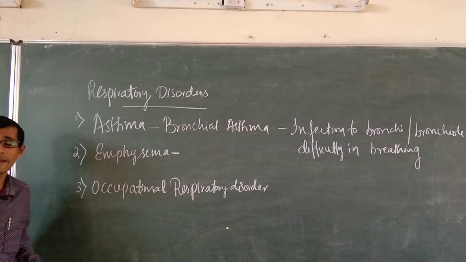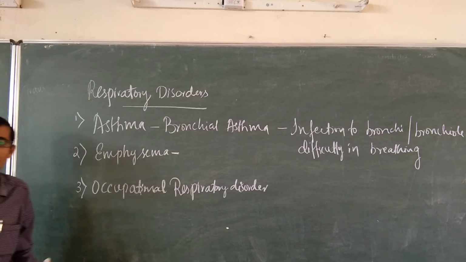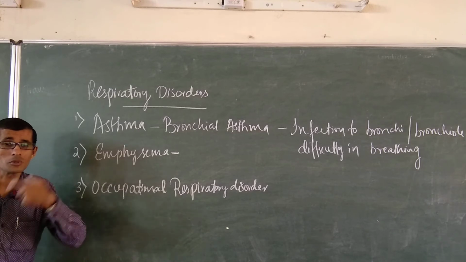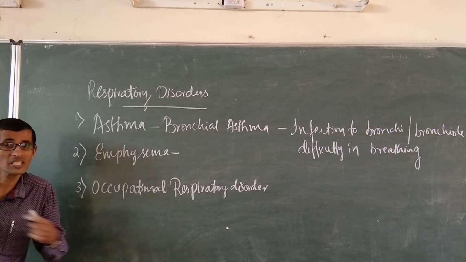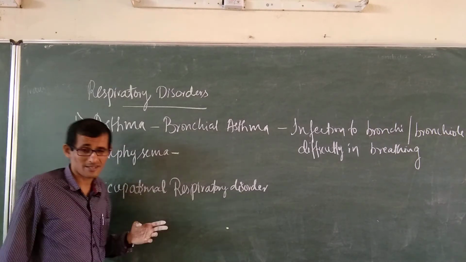Then chest pain or thoracic cage pain will be there, and a wheezing sound will be there. While breathing, a special kind of sound comes, which we call a wheezing sound. That is observed in the case of asthma.